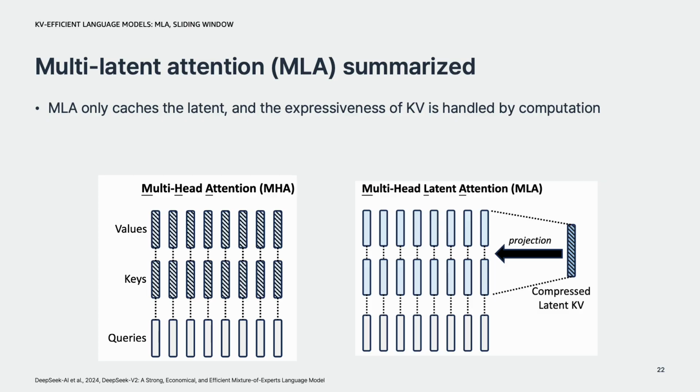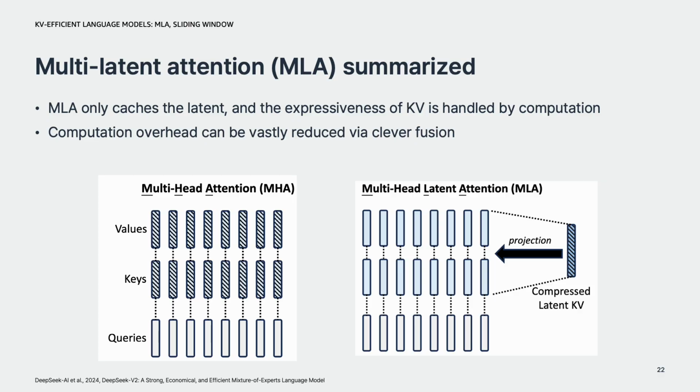And before we move on, let me summarize the core mechanism of MLA. The key motivation of MLA is to only cache the latent, not the KV itself. And the expressiveness of KV is handled by computation, by reconstructing the key and value from the latent.